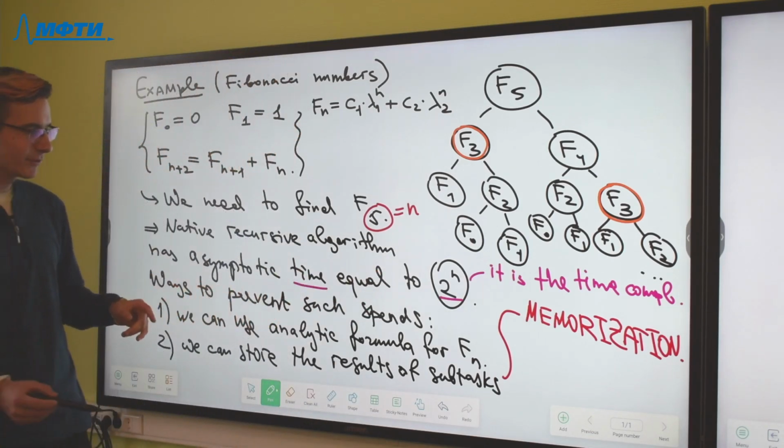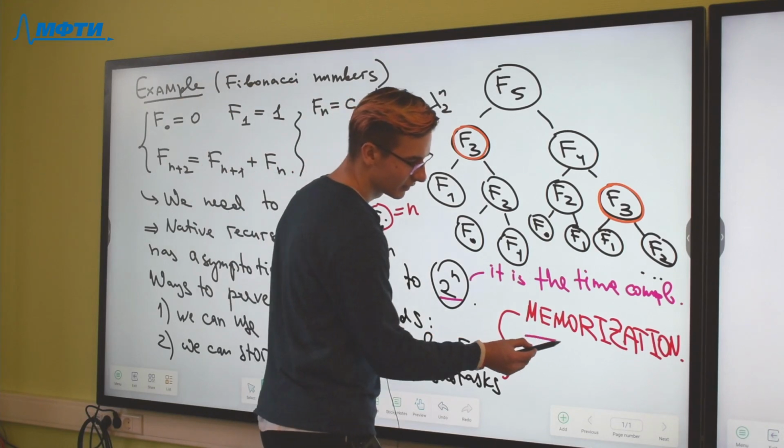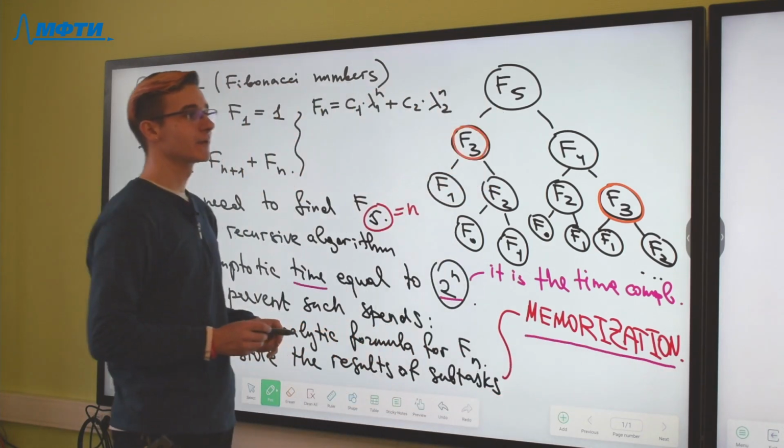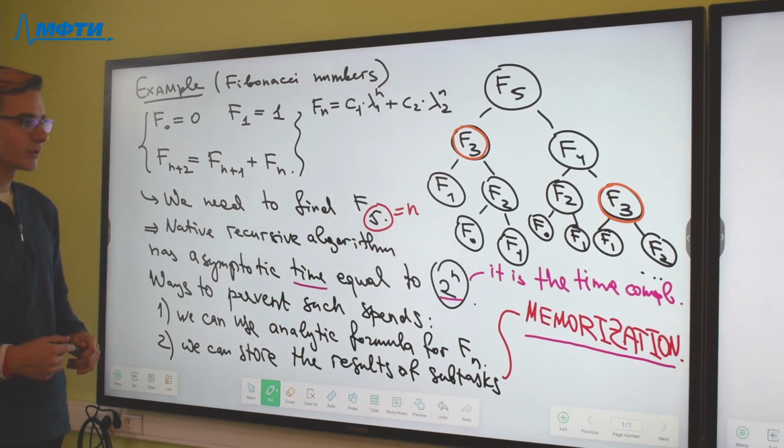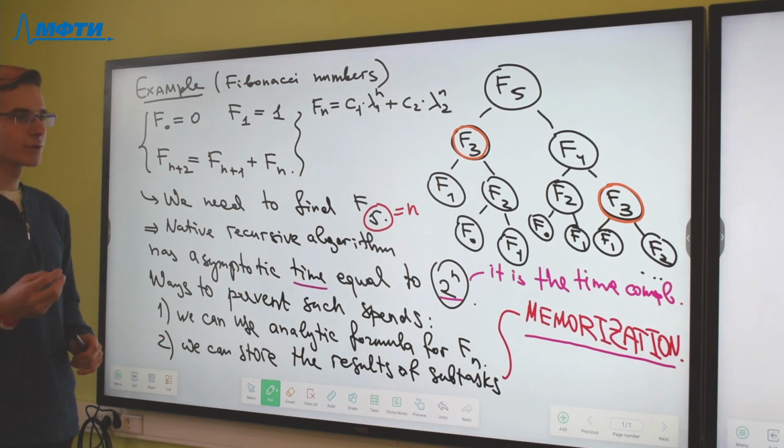And of course, to solve this task with the dynamic algorithm, we need to use memorization. We need to store previous Fibonacci numbers.